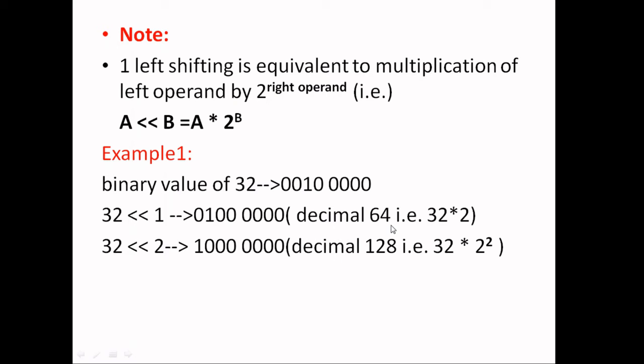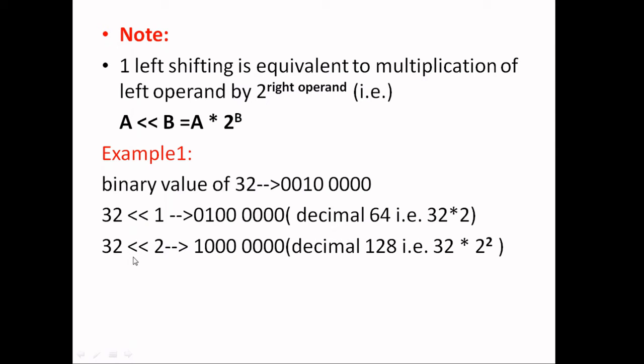Similarly, if you have 32 operated by the left shift operator by 2, 32 << 2, you have the number 1 0 0 0 0 0 0 0. That yields you a decimal 128.